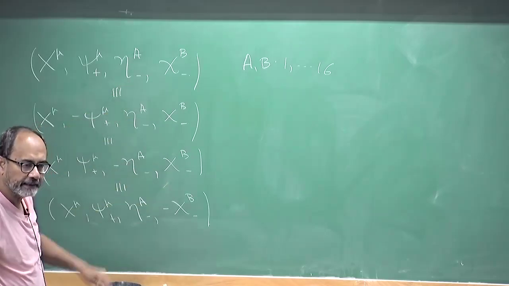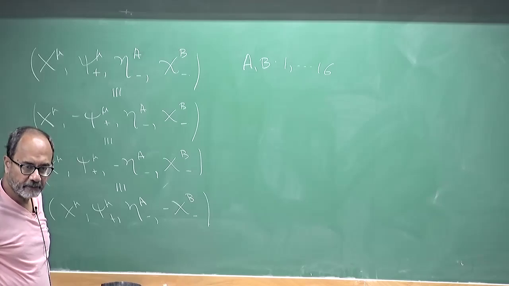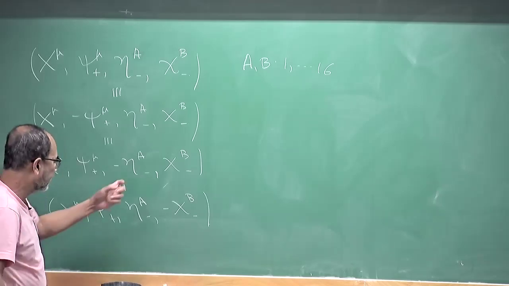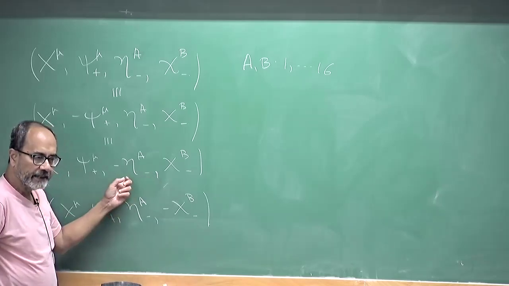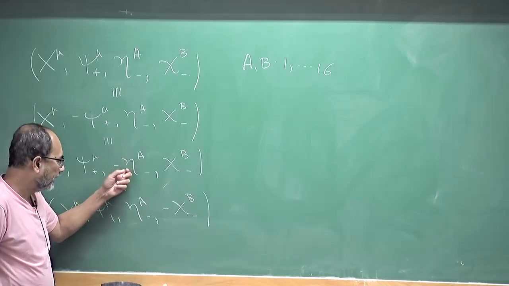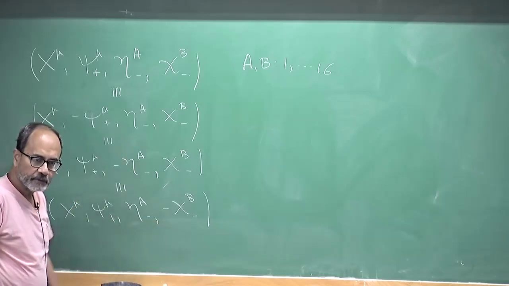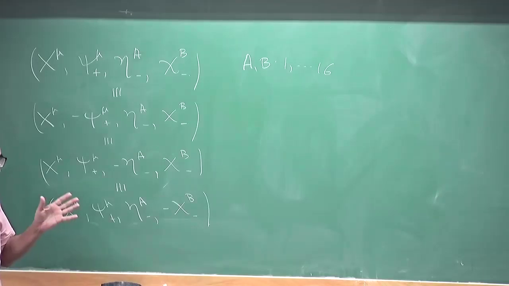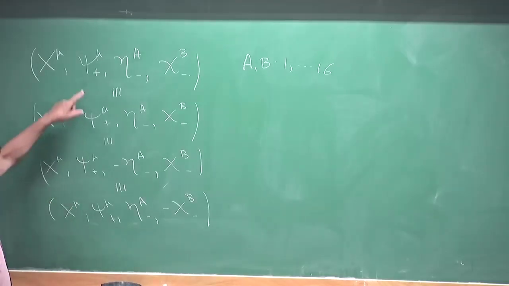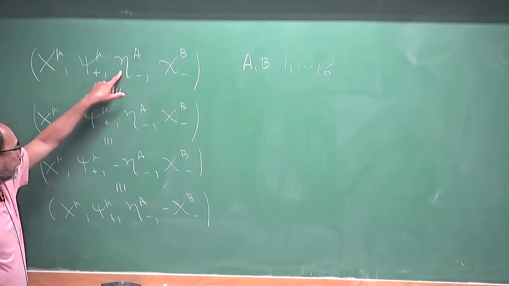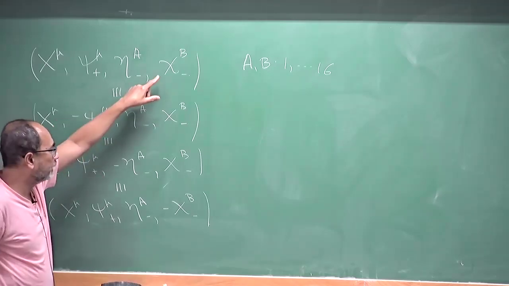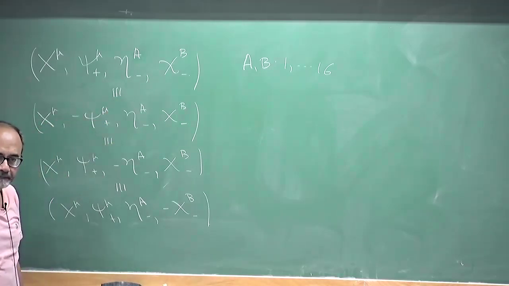So you could combine them into one single set of fermions, which you had called lambda. Here you are dividing into two sets. You can independently change the sign of eta^A or change the sign of chi^B. So there is altogether a Z2 cube identification, because the first Z2 changes the sign of this, the second Z2 changes the sign of this, and the third Z2 changes the sign of this.